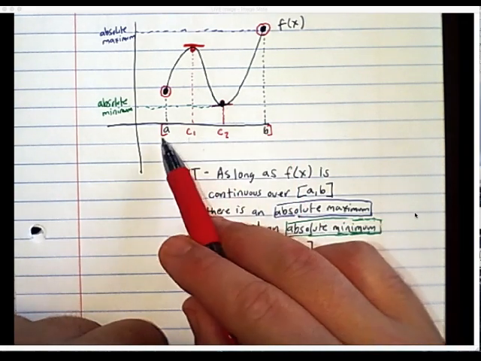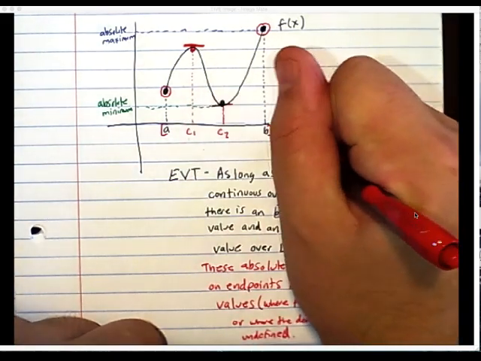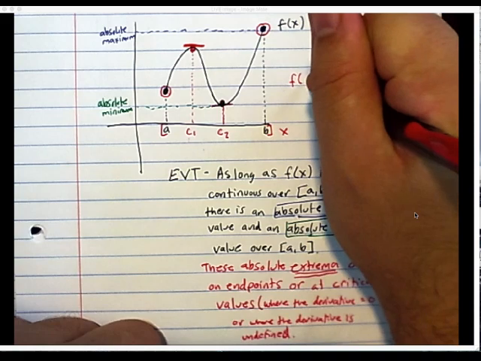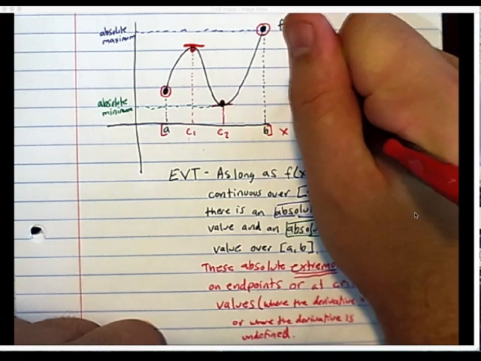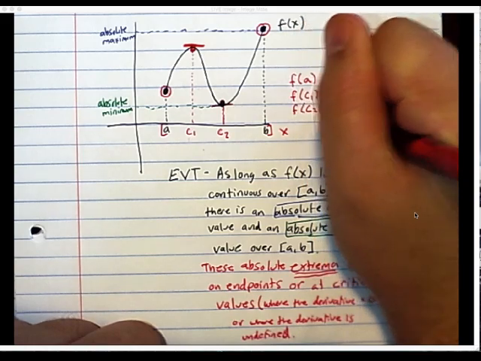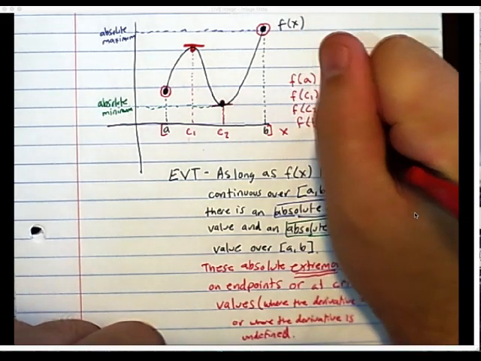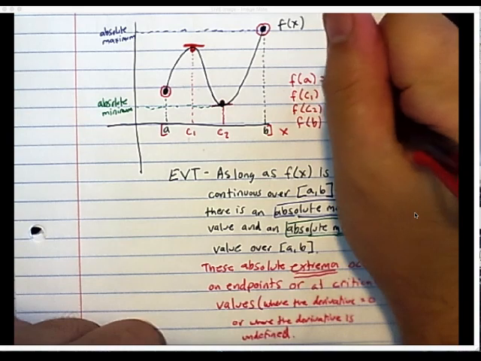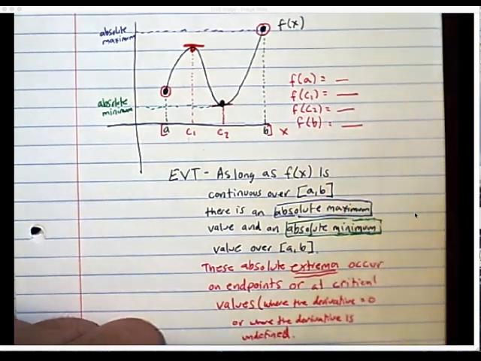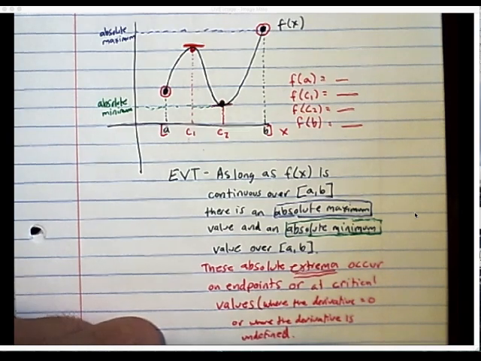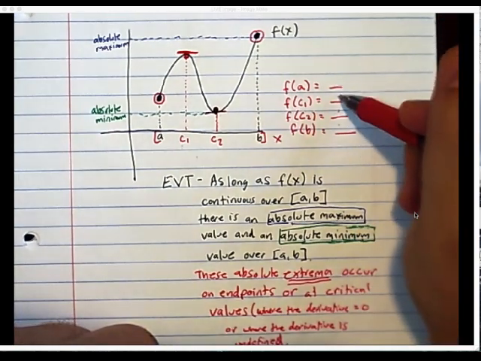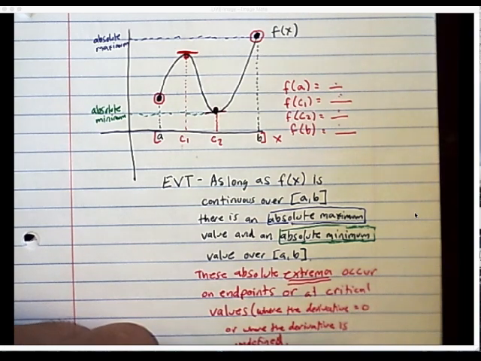As soon as we figure out what these x values are, you can plug in f of A, f of C1, f of C2, and f of B. You'll get a number out each time. To figure out which one's the maximum, which one of these 4 numbers is the biggest.